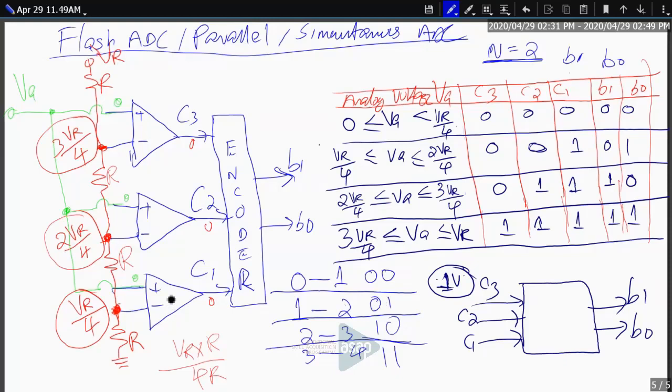That is one of the advantages of this ADC, because all the comparators are working in parallel, and therefore the output will be produced with minimum delay after application of the analog signal.